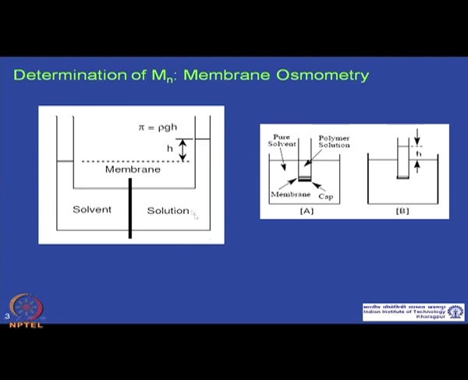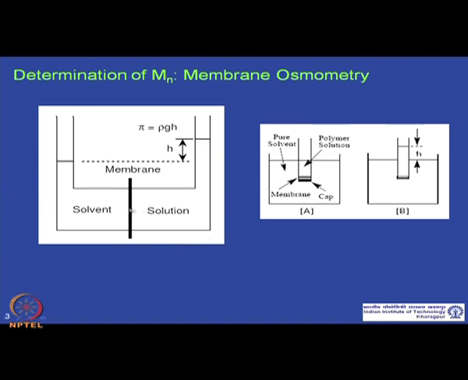You have a solution, in this case a polymer solution, and the solvent for the solution, separated by a membrane which is permeable only to the solvent, not the solute. So, solvent can go from the solvent side to the solution side, not the solute molecules.